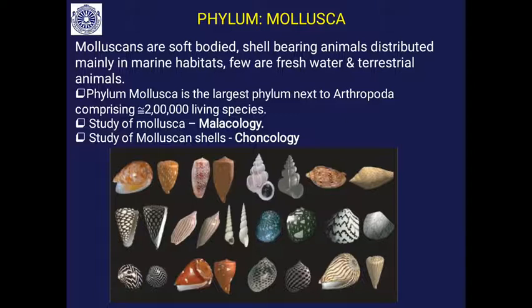Many are studying these molluscan shells, varieties of shell. You are so fond of collecting shells when you go to the seashore. You will see varieties of shell here, beautifully architectured shell. The study of molluscan shell is called conchology.